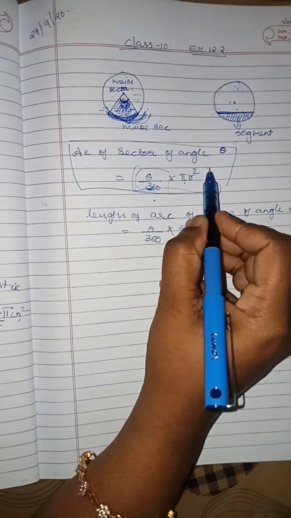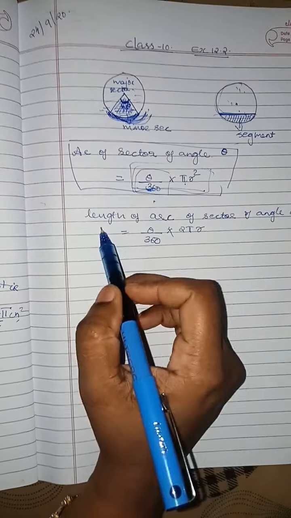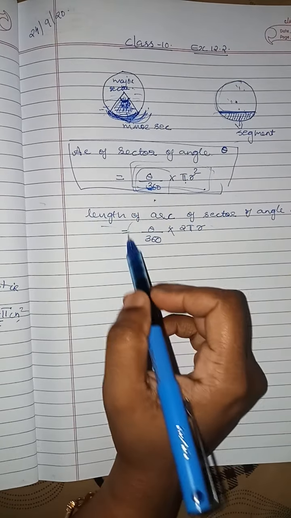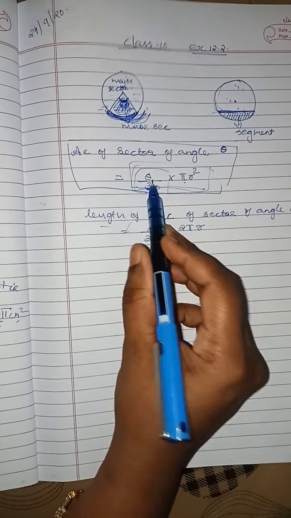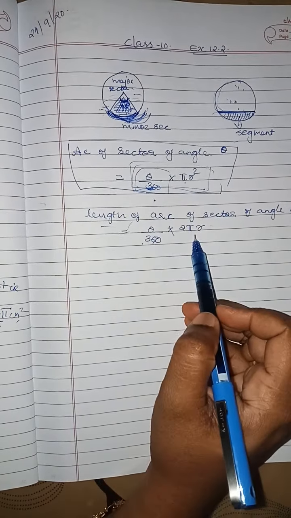Pi r square is related to area, while here it is related to length, that means circumference. So theta divided by 360 is the same in both. Here it is pi r square, here it is 2 pi r.